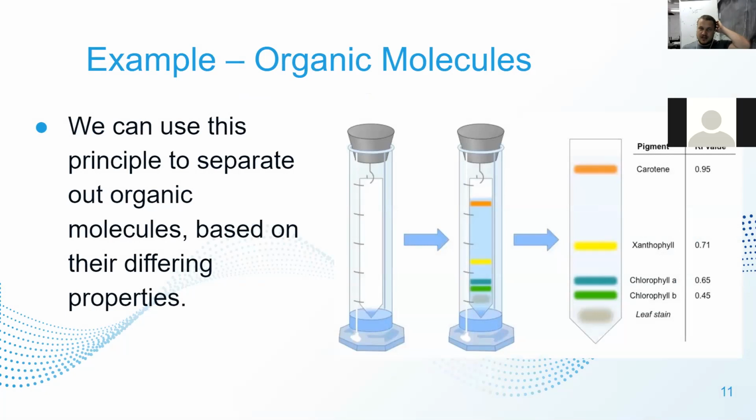So we can separate organic molecules based on their different properties. We can stick our leaf stain onto the bottom of the paper, put it into water, and the most polar molecules will travel the furthest.